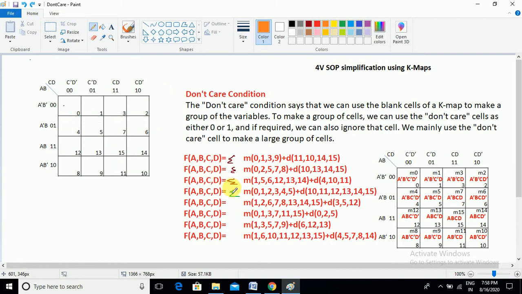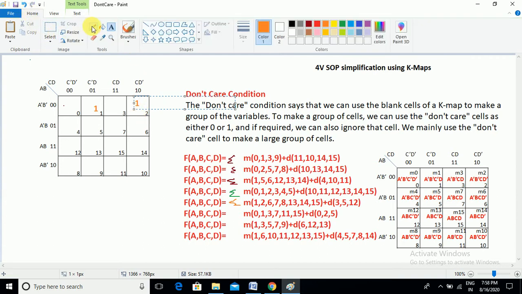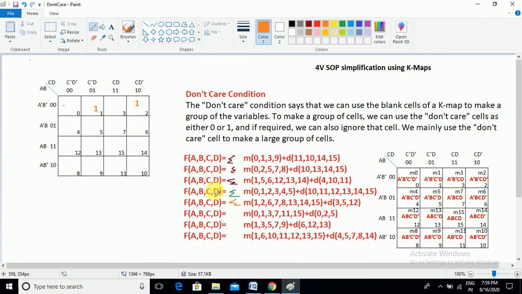Next problem: sigma m of 1, 2, 6, 7, 8, 13, 14 and 15.